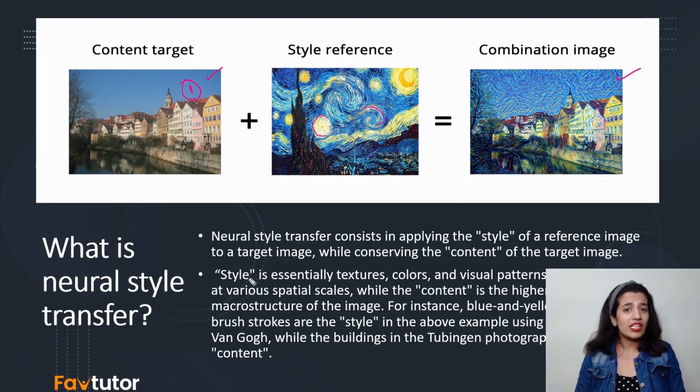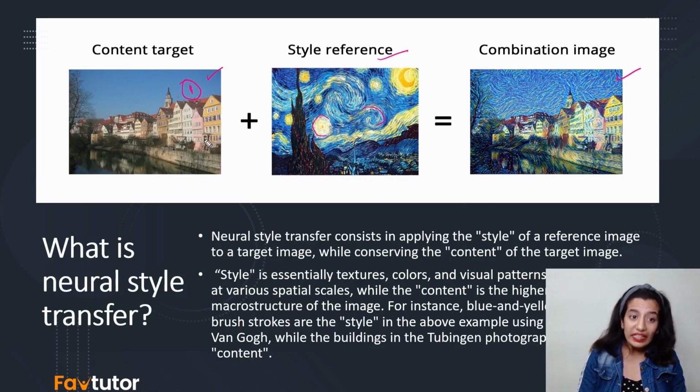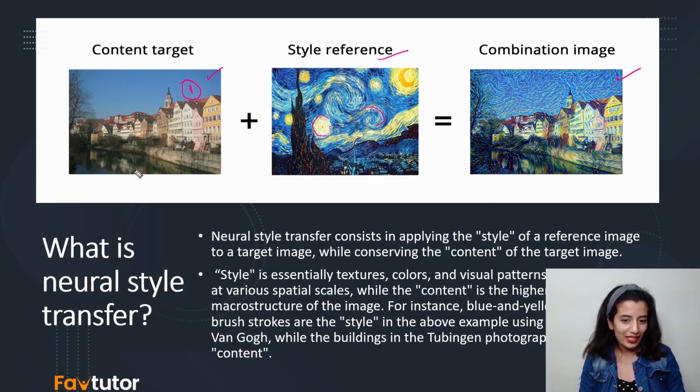This is a major advantage of neural style transfer. What is the meaning of style? Let us understand what style is. Style is essentially texture, colors, or visual patterns. Here you can see the spiral patterns in this reference. This is all called style, and it can be incorporated into this particular image.